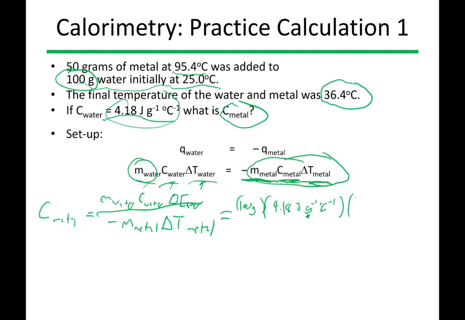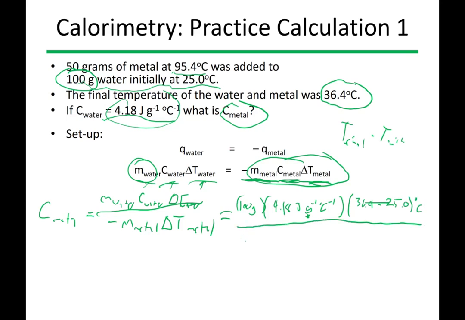And then the change in temperature. So remember, delta T is going to be T final minus T initial. So we expect this to be positive for water because the water is heating up. So we have our final temperature, which is 36.4, and the initial temperature, which was 25.0, and that's all degrees Celsius. So the top looks good.